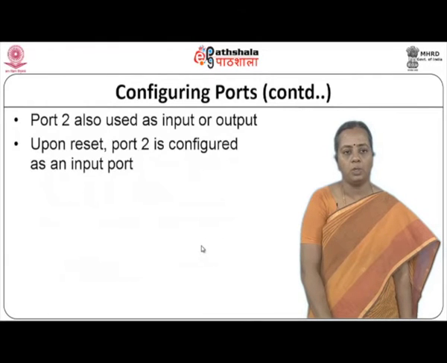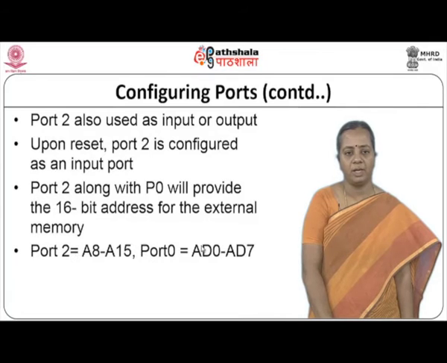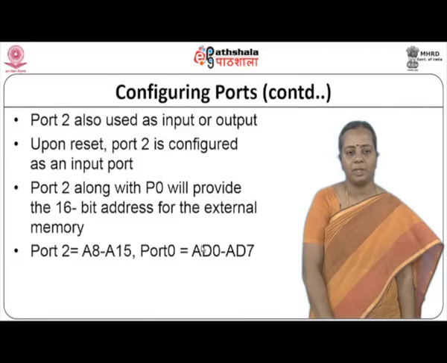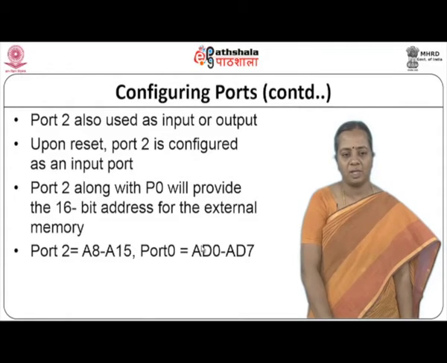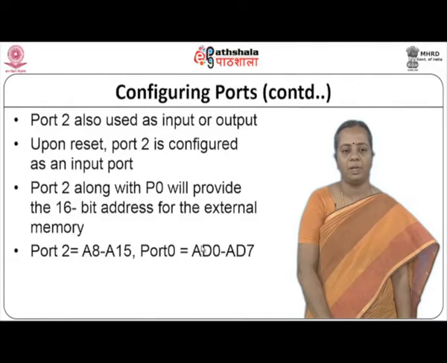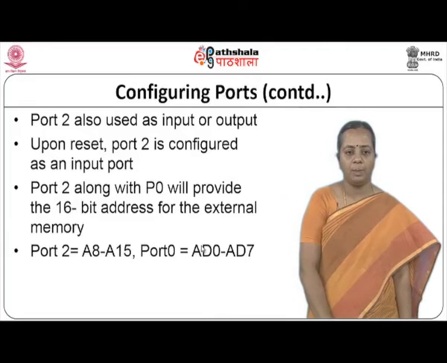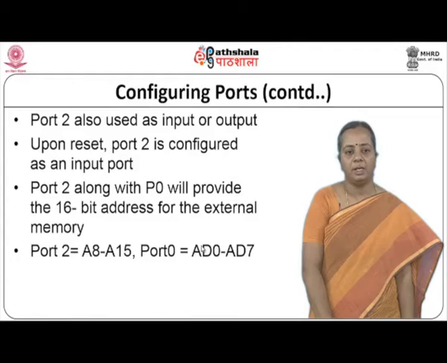Now port 2 is also used as input and output, and upon reset port 2 is configured as an input port. Port 2 along with your P0 will provide a 16-bit address for the external memory. If I have an external memory which needs a 16-bit address, then P0 and P2 are combined together to provide the address for accessing or reading the external memory.